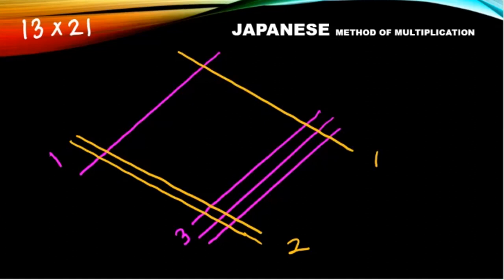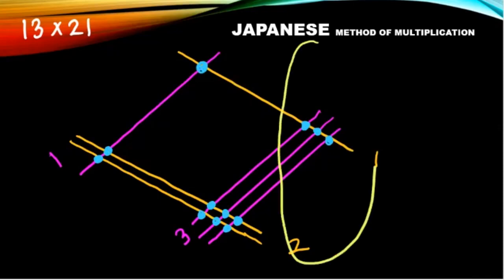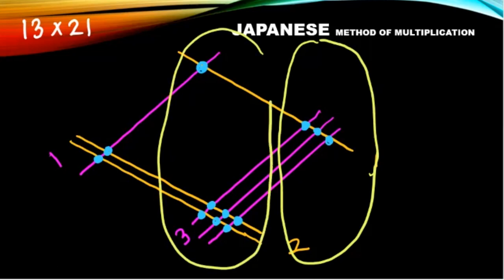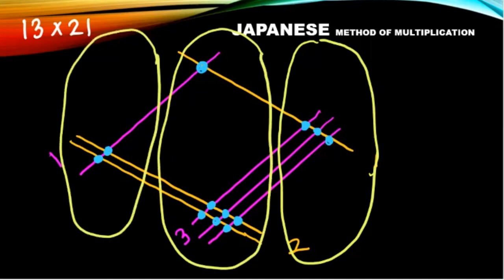as I have shown. Now we will consider the cross points. All cross points I have highlighted by blue color, and then we are going to see the different zones. So I have shown you different zones. In the first zone from the right side we got 3 cross points, and I will show those cross points by red color.